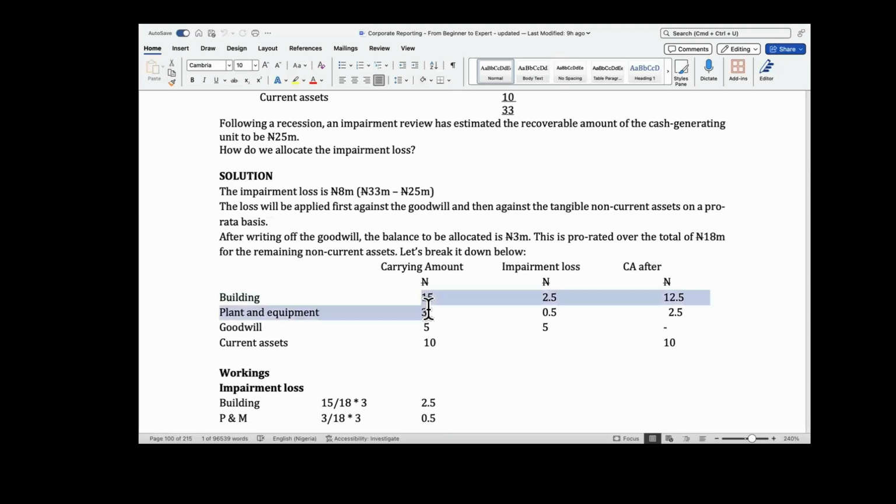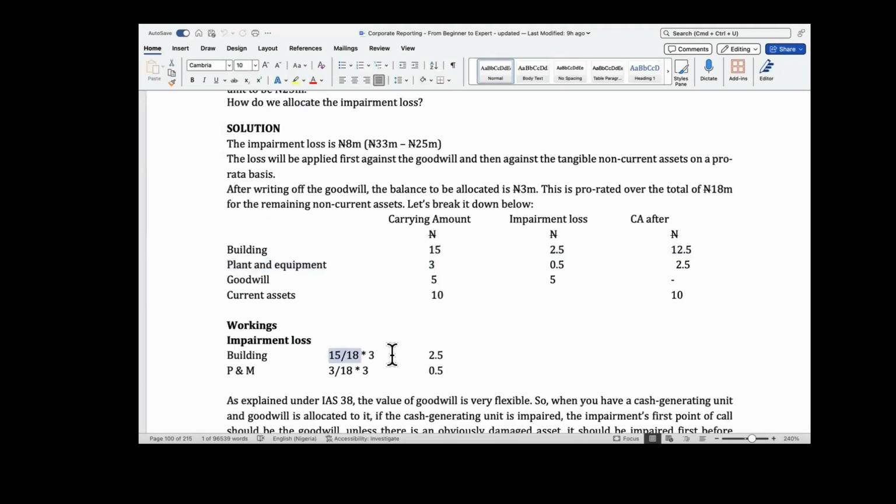So building will get 15 over 18 times the remaining impairment loss. If you punch your calculator, that gives you 2.5. Plant and machinery will get 3 over 18 times the remaining impairment loss, and that gives us 0.5. So we take it to the table, building 2.5, plant and equipment 0.5.